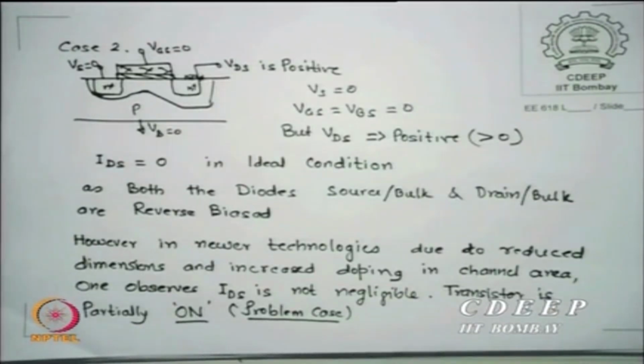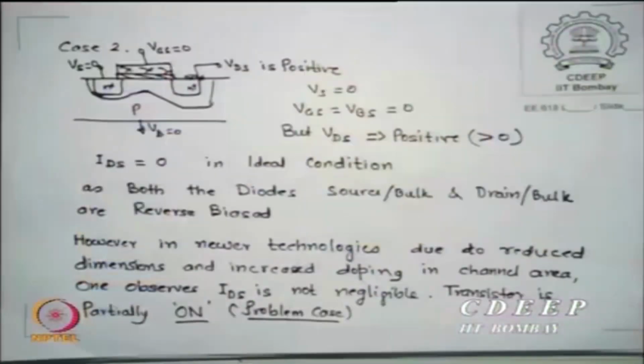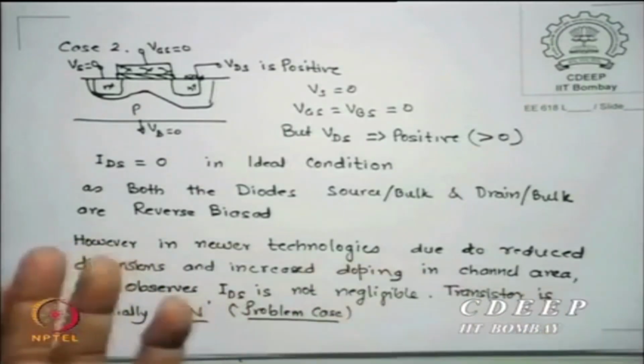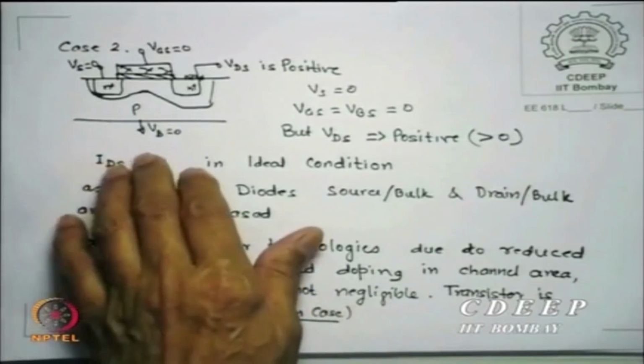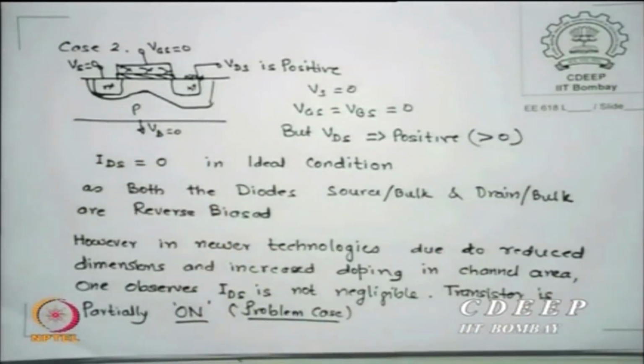The word source came in the device because it sources the carriers, N or P whichever way: in N channel it sources electrons, in P channel it sources holes. Drain D is called so because it picks up, it drains. So that is why it was given the name drain. Now the word gate essentially means that if you open or close something, something else should happen, the output currents. So it was given the name gate, and B has to be given because it started with the bulk substrate, where we say B.